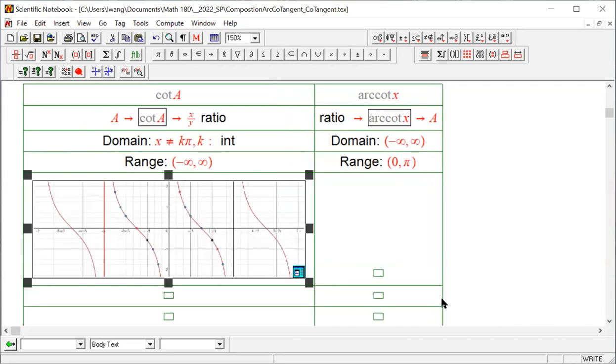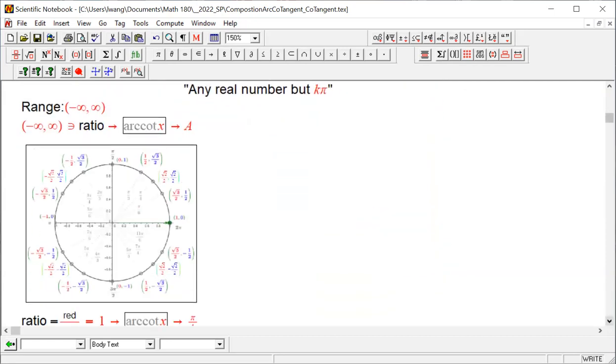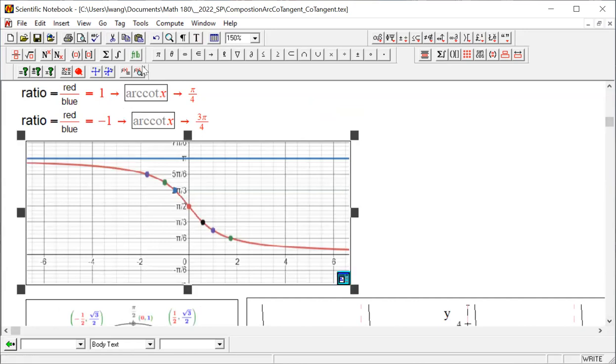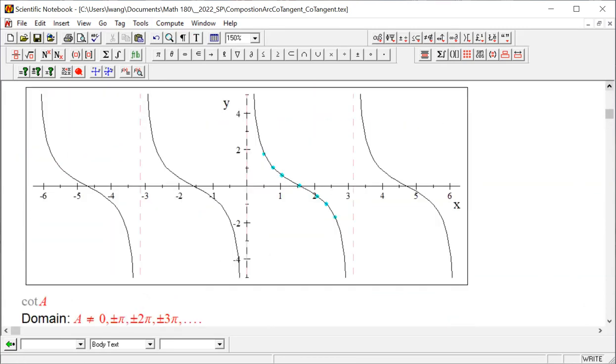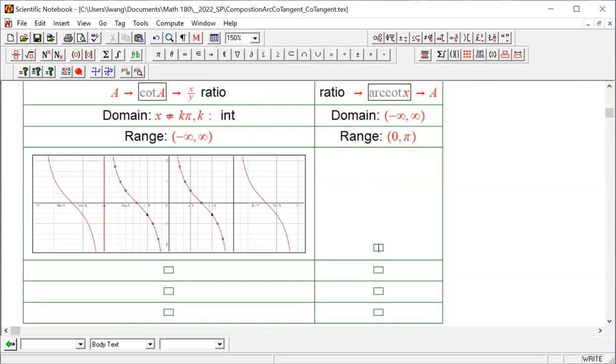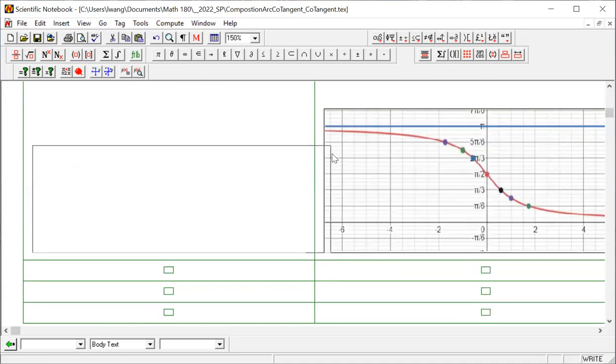The software cannot produce a picture. So I got a picture for arc cotangent, which is right here, and I'm going to import it over here in the table, so we have a good reference. These are the two pictures.